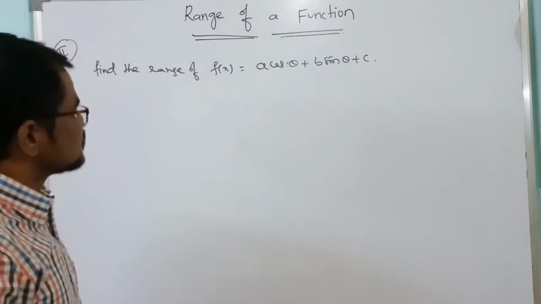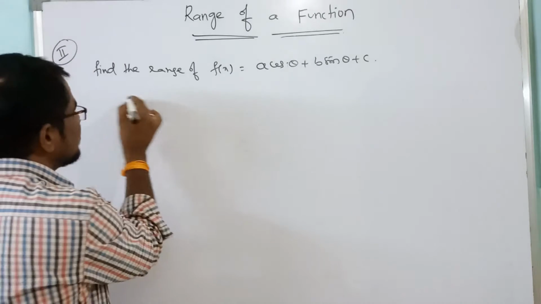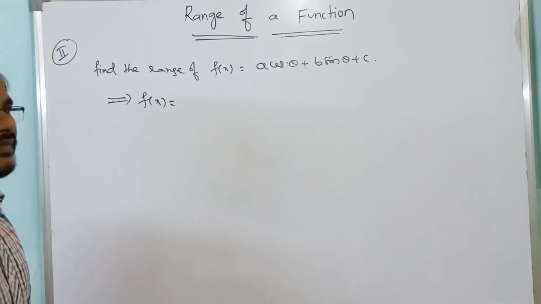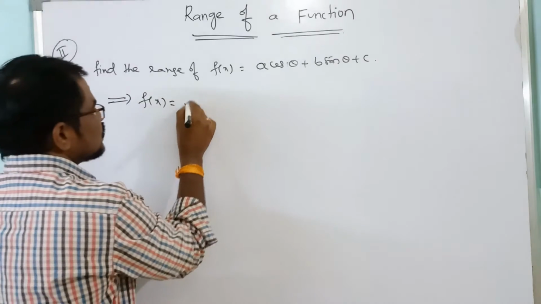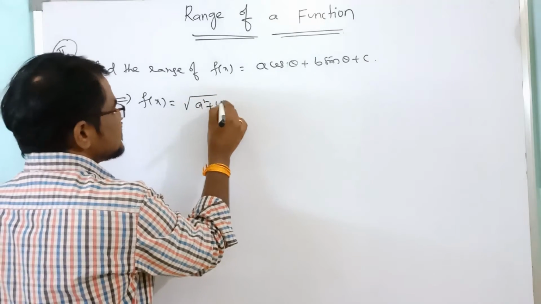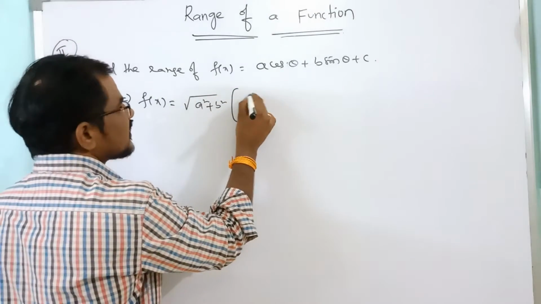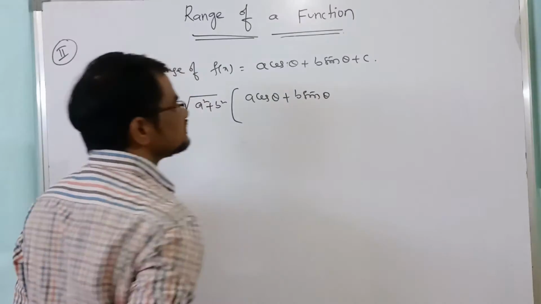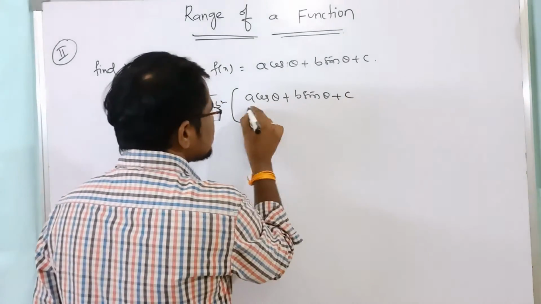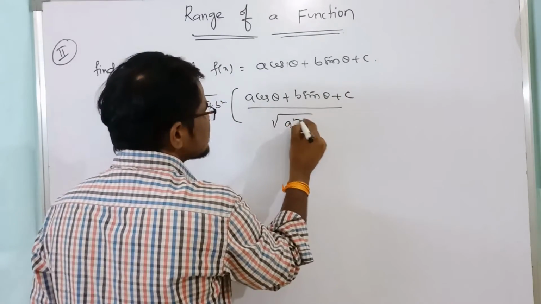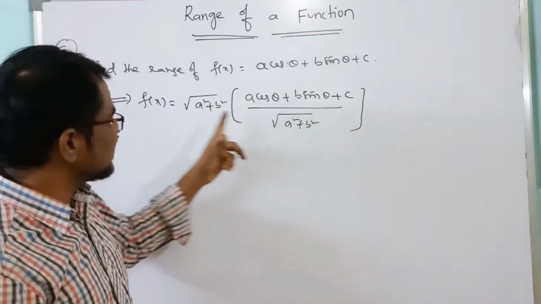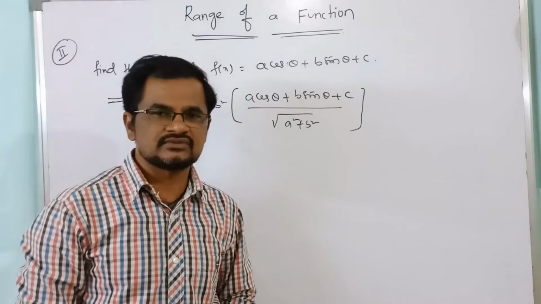Now, for this I will write like this: f of x equal to root of a square plus b square into a cos theta plus b sin theta plus c by root of a square plus b square. So what we are doing? Multiply and divide by root of a square plus b square.